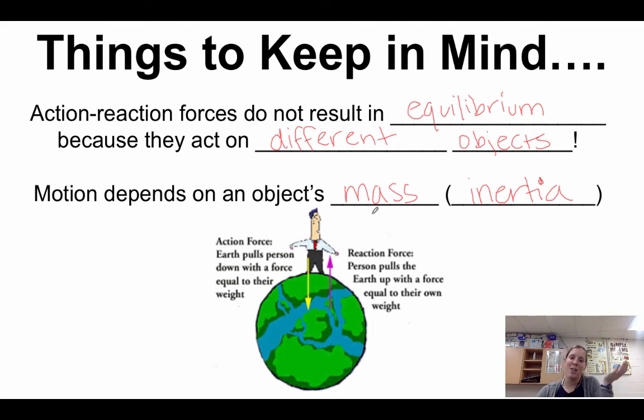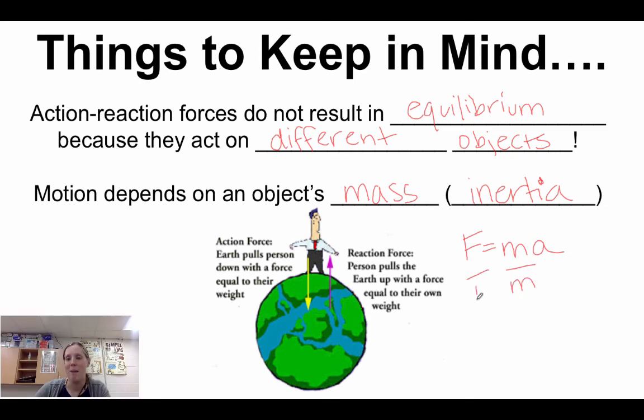But when you exert an equal force on the Earth, because the Earth weighs so much, remember F equals ma, right? So we can divide both sides by mass. So acceleration is determined by force over mass. So if mass is really, really big, if this number on the bottom is really, really big, then acceleration is not going to be big at all. So we're taking the same amount of force, but we're dividing it over a much, much, much greater mass.